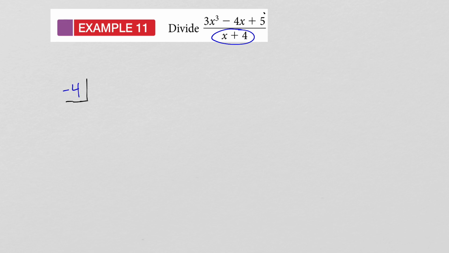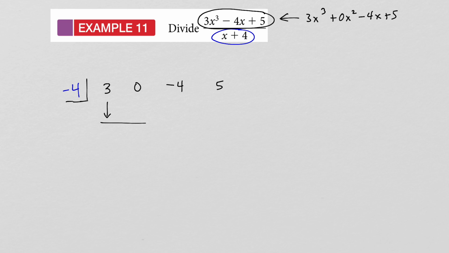Now for the polynomial we're dividing, we have 3x cubed. Notice we have 0x squared, and then minus 4x, and then plus 5. We need all of those numbers. So 3x cubed, 0x squared, very important, and then negative 4x, and then positive 5.